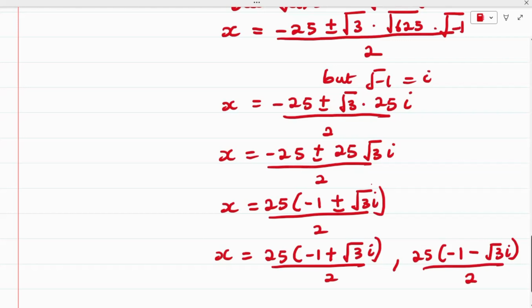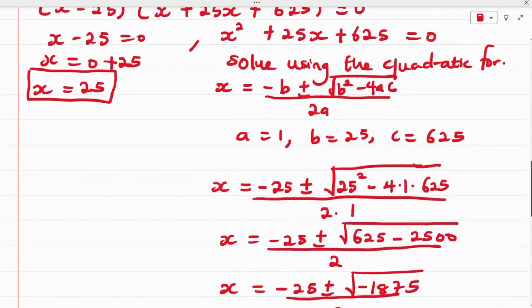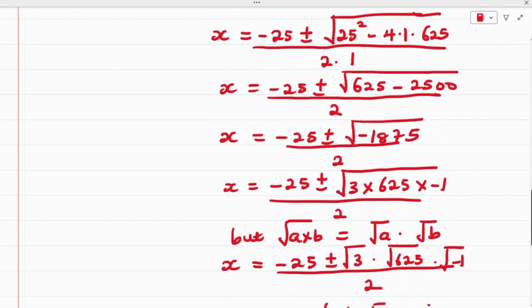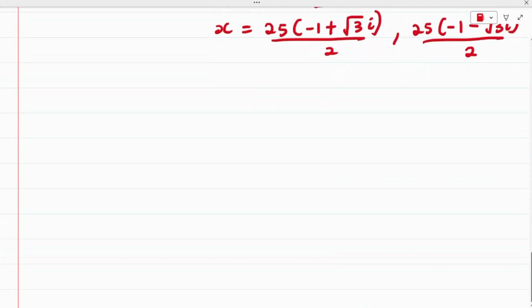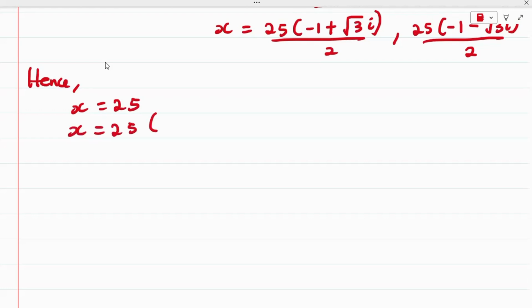So we have this right here. So we have been able to find the value of x, and we have the first value of x to be x equals 25. So we are going to say hence we have that x is equal to 25, and x is equal to 25 into negative 1 plus or minus the root of 3 i over 2. So these are the values of x.